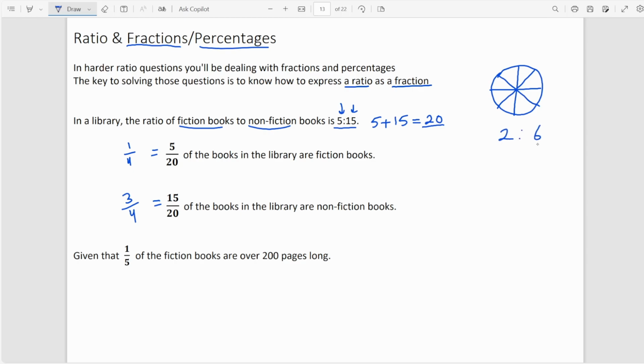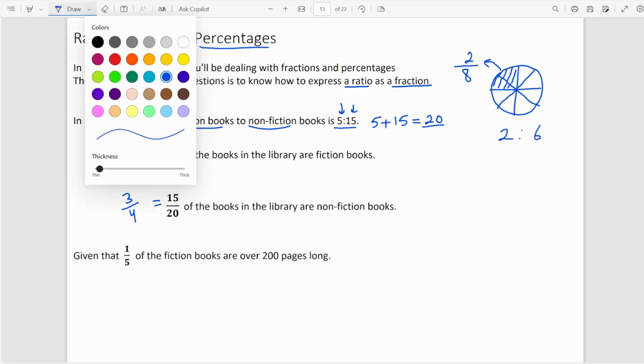So 2:6, this means the first person will receive 2 parts and the second person will receive 6 parts out of an entire 8 parts. So the first person will receive those 2 parts, okay? So if I wanted to express this as a fraction, how much did he receive? He received 2 pieces out of a whole 8 pieces, okay, or slices.